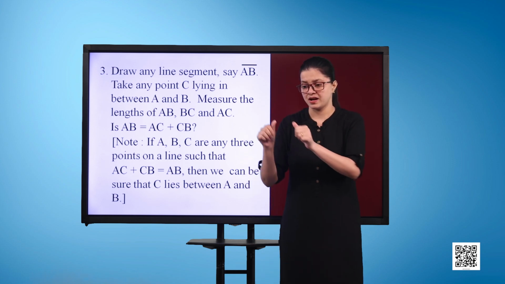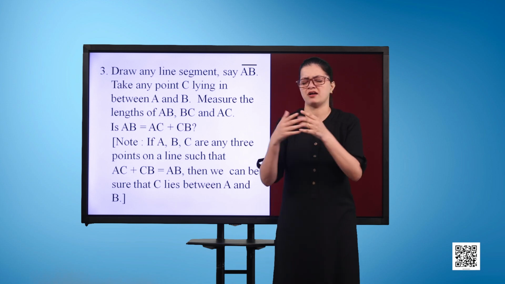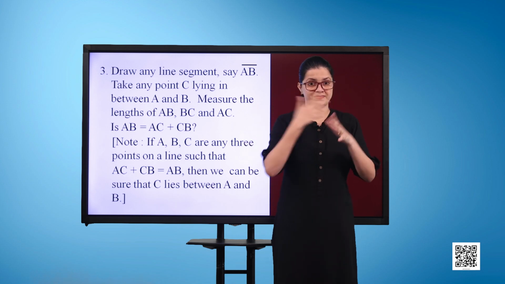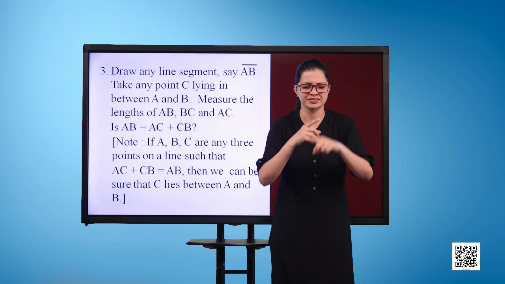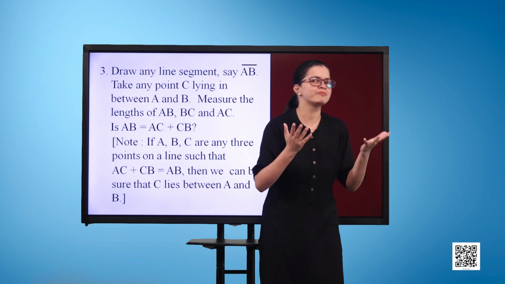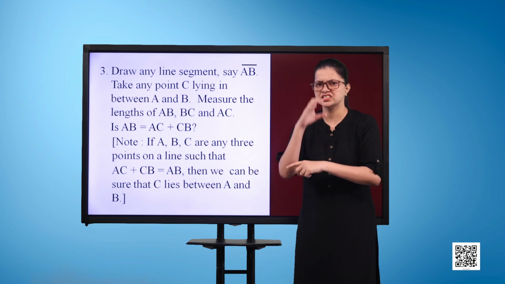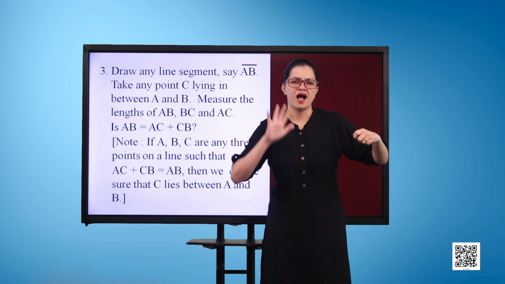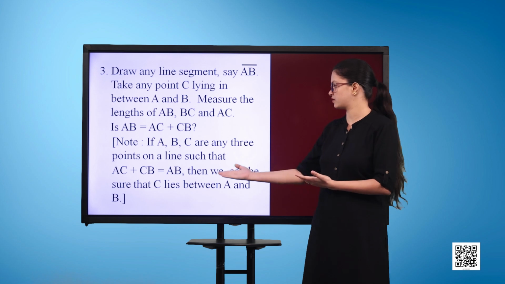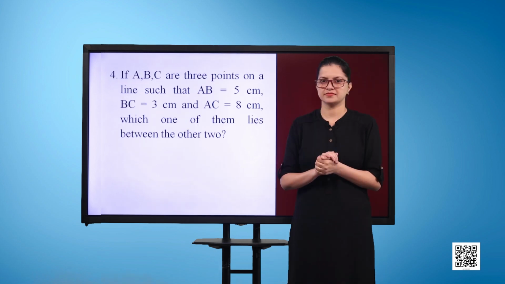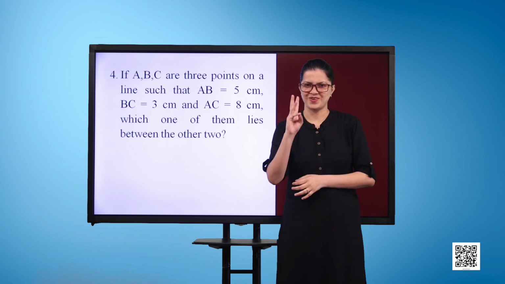Note, if A, B, C are any 3 points on a line such that AC plus CB is equal to AB, then we can be sure that C lies between A and B. 4.